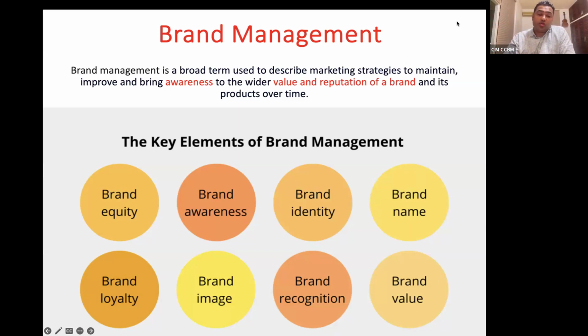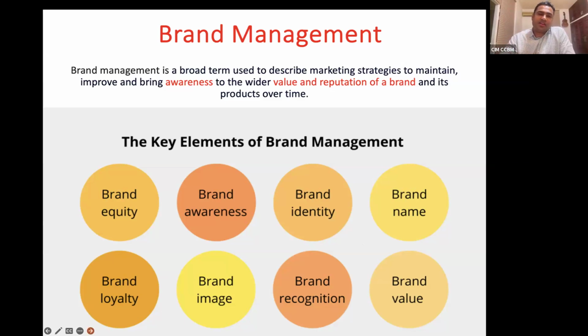How do you ensure you create brand loyalty? How do you create brand image, so that you position your brand to command a premium price in the marketplace? Brand recognition: can people easily identify your brand in a cluttered marketplace? And how do you look at the value creation process of the brand?